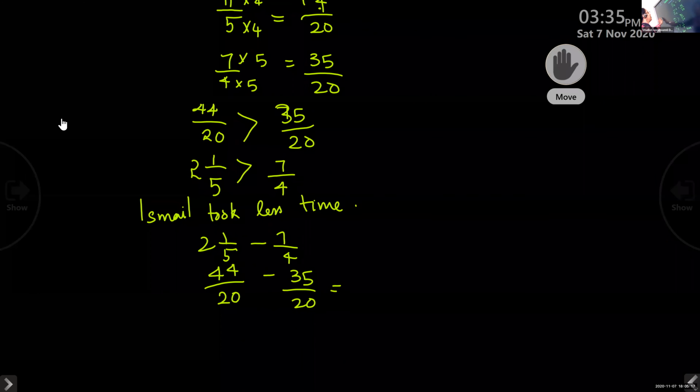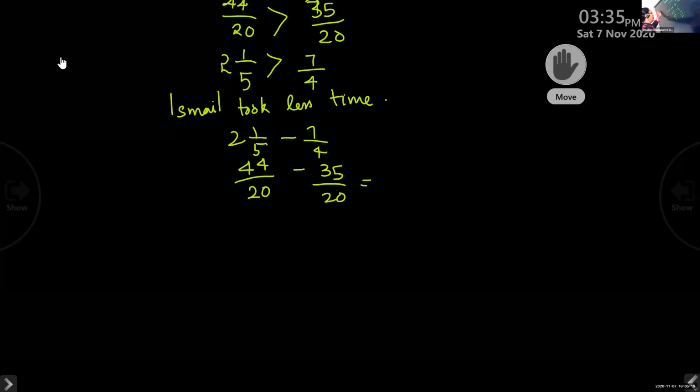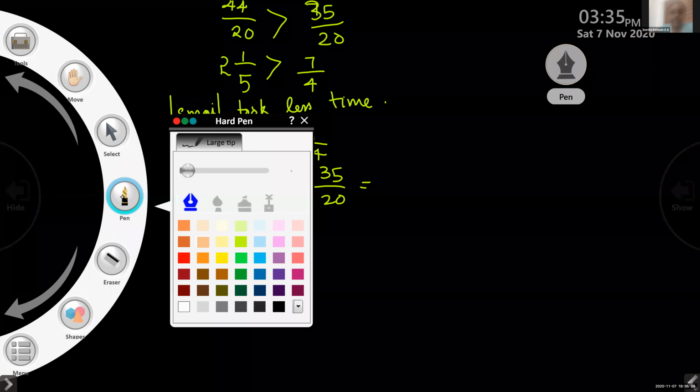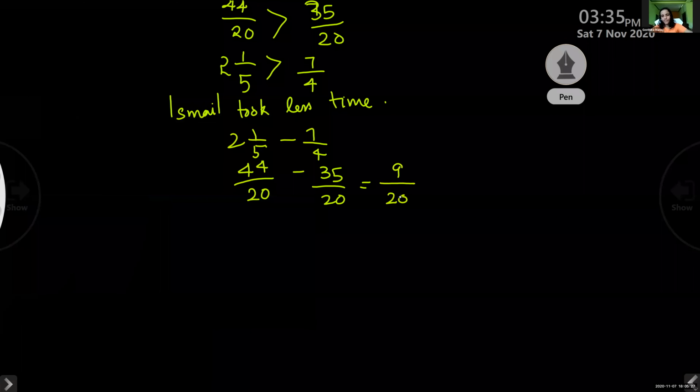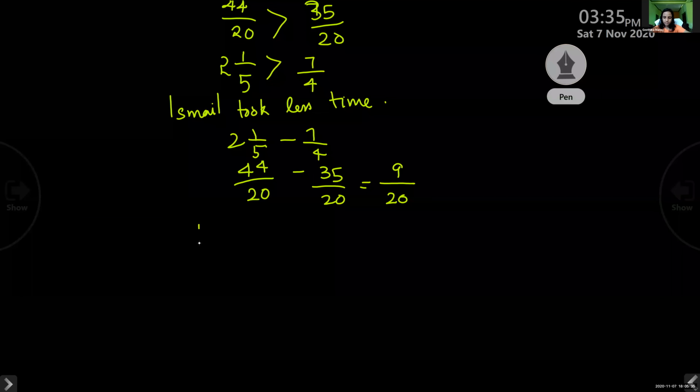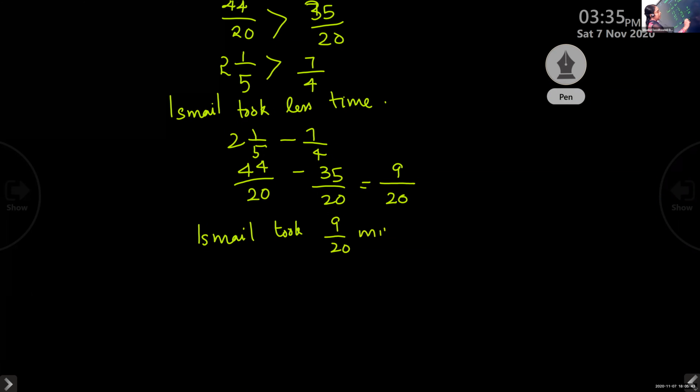Okay, correct. So what is the answer? Ma'am, 9 by 20. So Ismail took 9 by 20 minutes less than Francis. Enough.